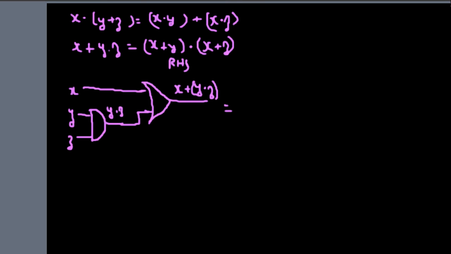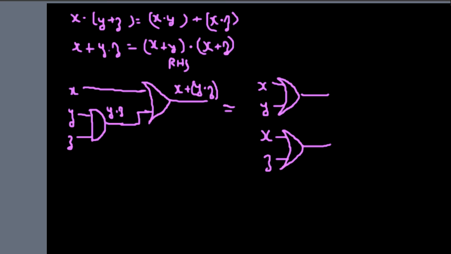Now we'll draw the logic gate for the RHS. We have x plus y, which means x and y are given to an OR gate, and we have x plus z, so x and z are being given as input to an OR gate. As I told you, if you want you can even take an x from over here as in the previous example, but I prefer this one because it's easy to draw and understand at the same time.